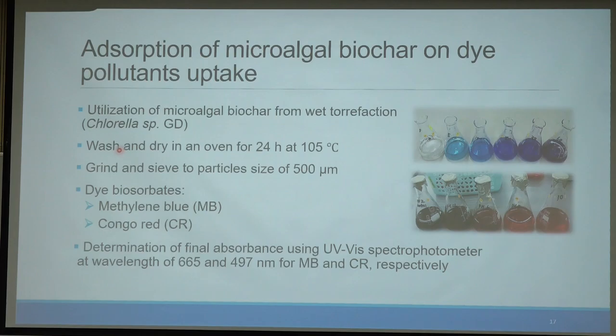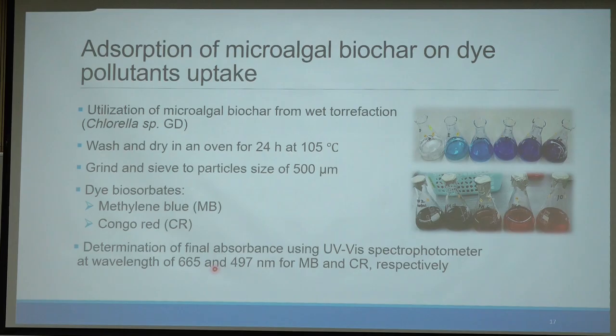This is the preparation for the absorbent study of the biochar on dye pollutant uptake. We are using two types of dye: one is methylene blue, and the other is Congo red. These are the most common pollutants in wastewater.